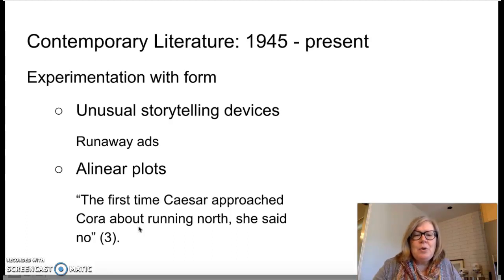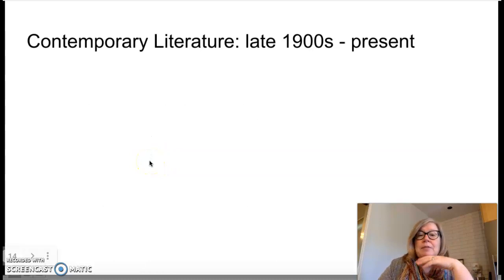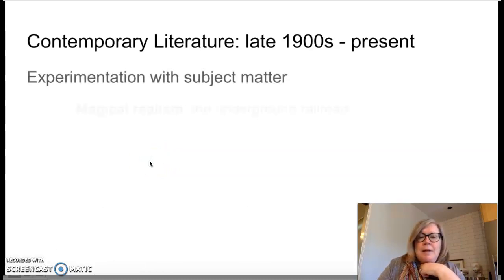Caesar asks Cora about escaping multiple times, and she says no. We don't have any backstory. We just kind of start right in the middle. And again, he will be moving back and forth in chronological time to tell this story about Cora. So be patient with that. And if you get confused, make sure you ask, okay?